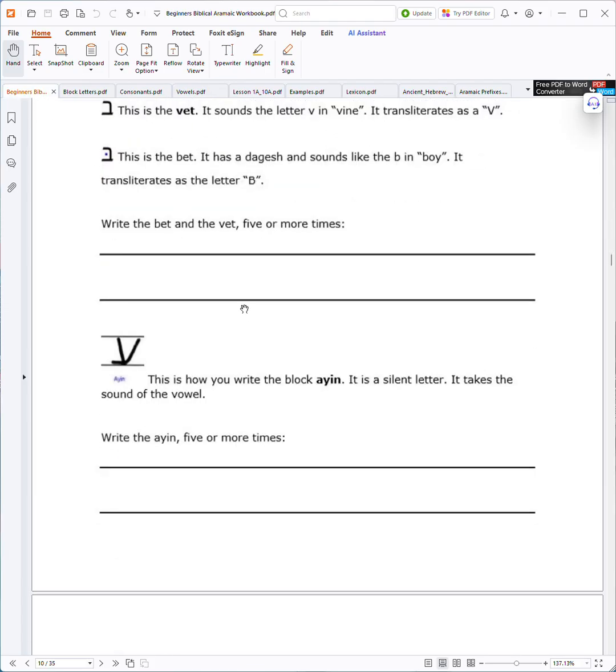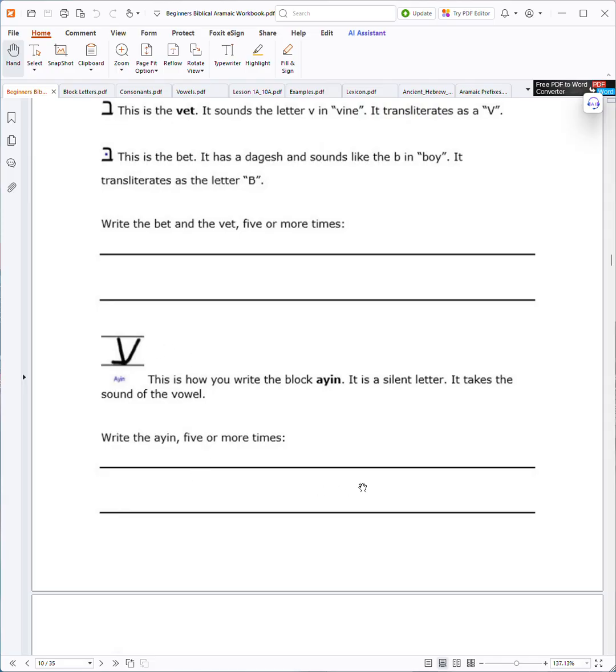So the next one is an ayin, and it's another silent letter. So it takes on the sound of the vowel. Now the way I do the ayin is I come down here and to the left, and then I add that little piece on there.